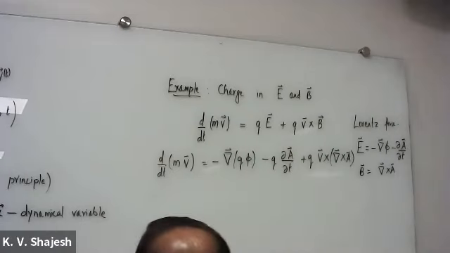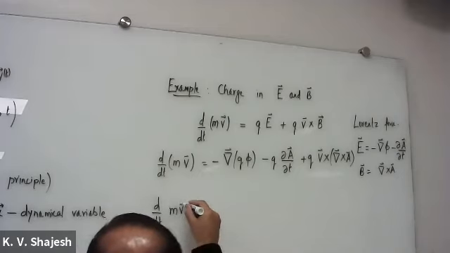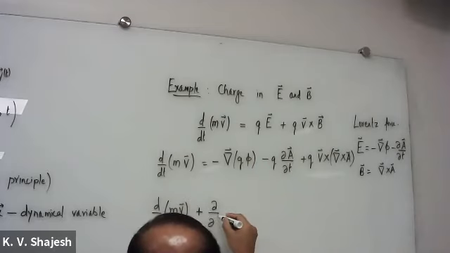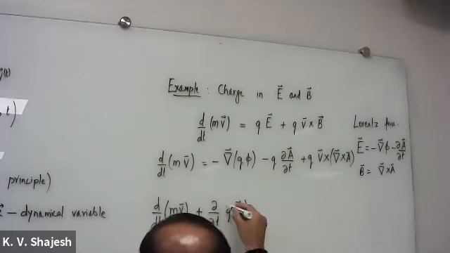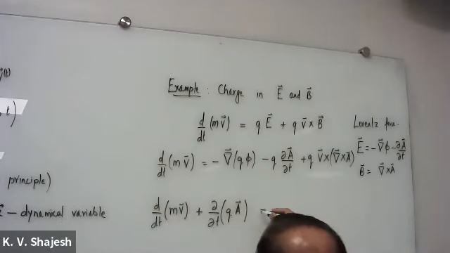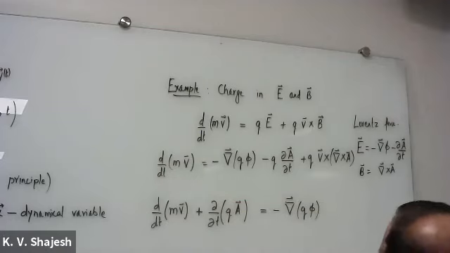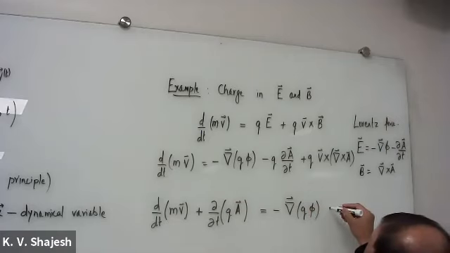So this is the time derivative of mass times velocity; take the Q times A to the left. Now that's equal to negative gradient of Q times the scalar potential, and the vector product can be expanded.